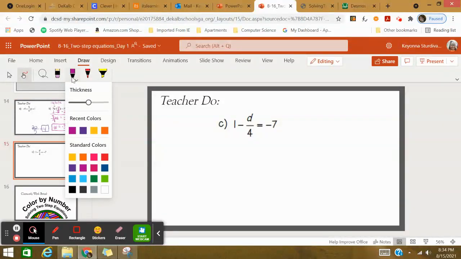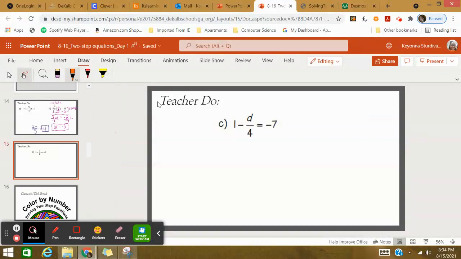They gave me 1 minus d over 4, and that's equal to -7. So again, the very first thing I want to do is isolate my variable. Okay, so here's the piece I'm trying to get by itself. Negative d over 4. So in order to do that, this is already a positive 1. So the inverse of addition is going to be subtraction.